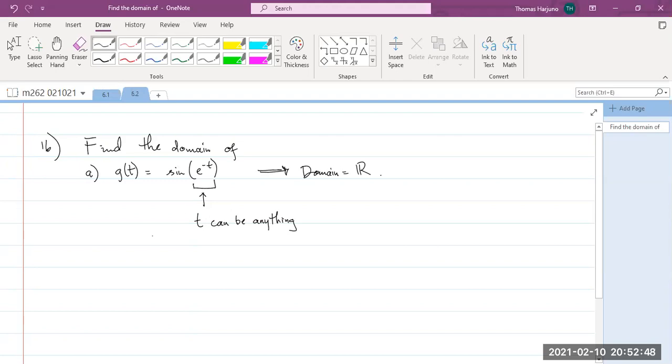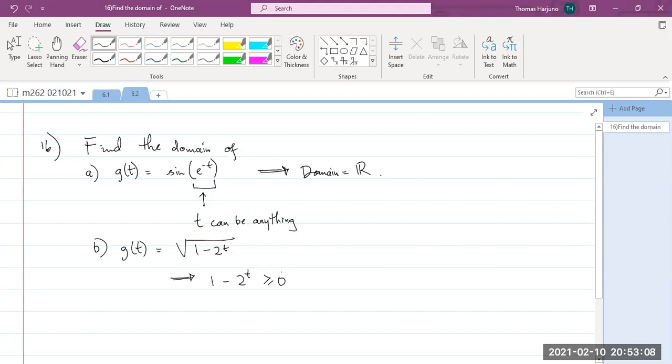Okay, part B. g(t) equals the square root of 1 minus 2 to the t. Because it is under a square root, 1 minus 2 to the t has to be at least 0.